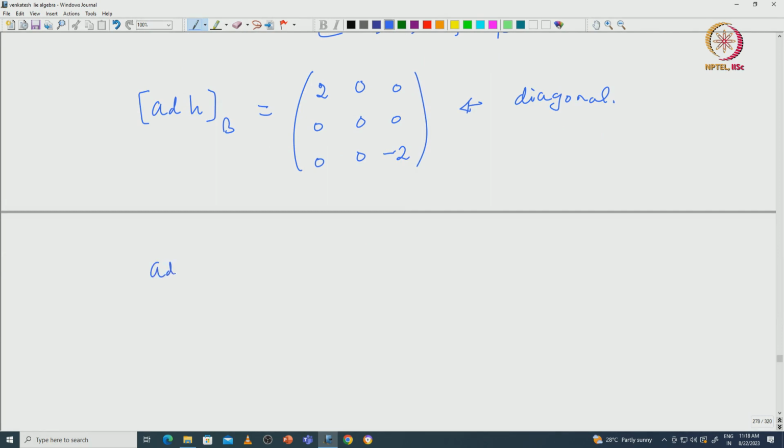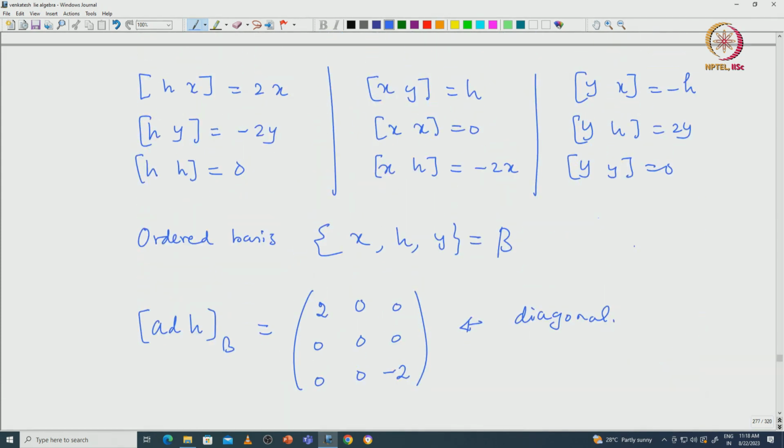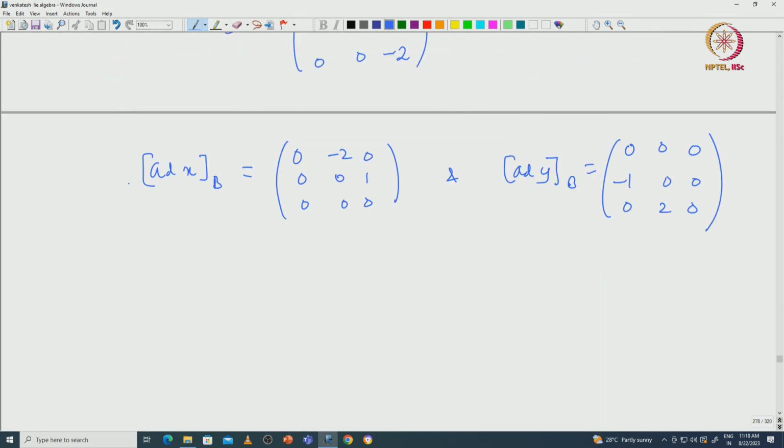Similarly, if you compute the matrix of ad x with respect to the same basis, you get this upper triangular matrix. And similarly for ad y, we get this lower triangular matrix. This is just immediate from the table; from this table you can just write it down.